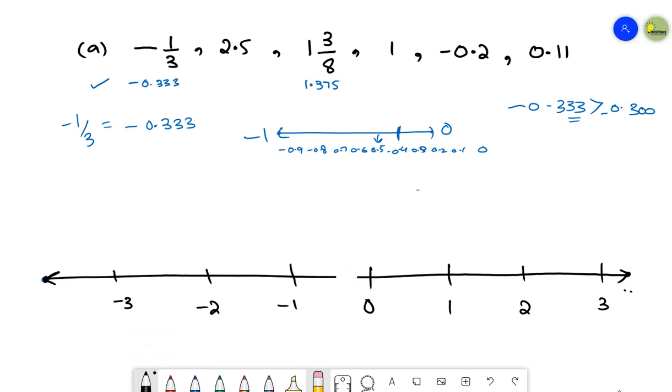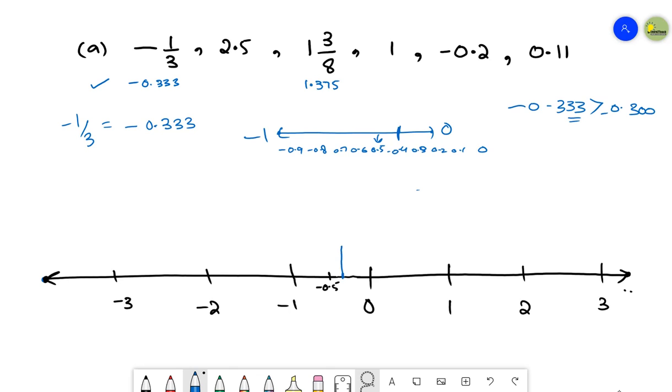So if I talk about approximation, this is my minus 0.5, the center point of minus 1 and 0. Minus 0.3 is somewhere over here, but since I need to plot minus 0.33, I am just placing it a little on my left.